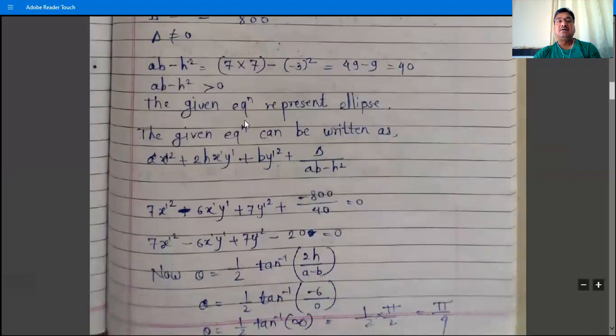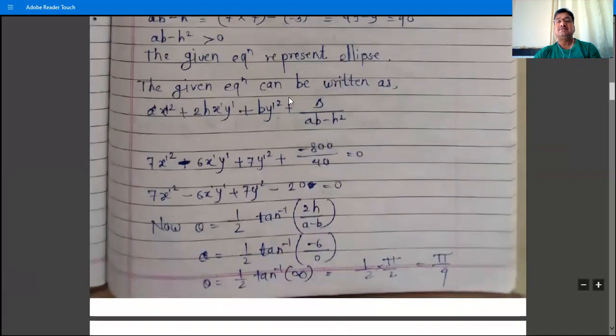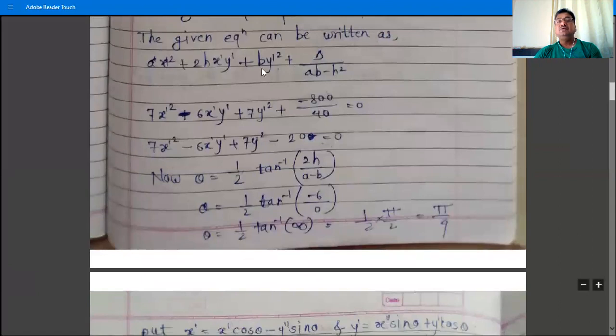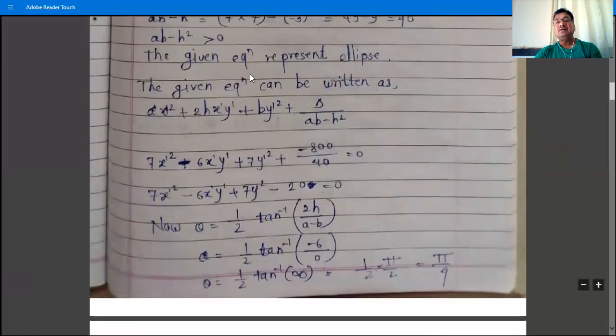After this, the given equation can be written as ax dash square plus twice h x dash y dash plus by dash square plus delta by ab minus h square is equal to 0. So this is the formula to remove the linear terms x and y from the origin.